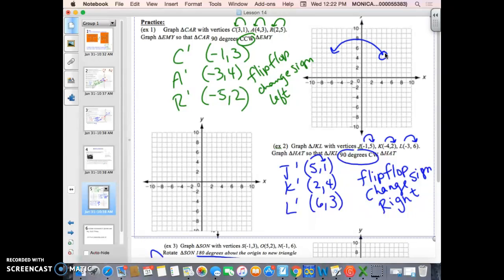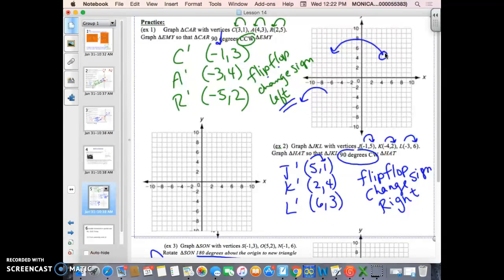And what you should notice is that it's a 90-degree counterclockwise, so you flip-flop the coordinates. So if it was originally 3, 1, it's going to go to 1, 3, and then you change the sign on the left because counterclockwise turns to the left, so you're going to change this sign down here. And so you should have gotten those coordinates for your new image.